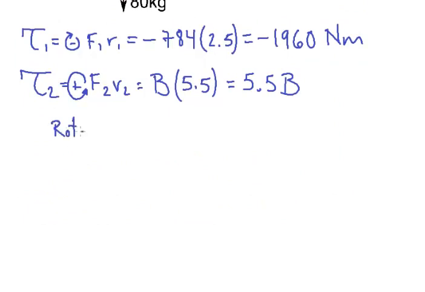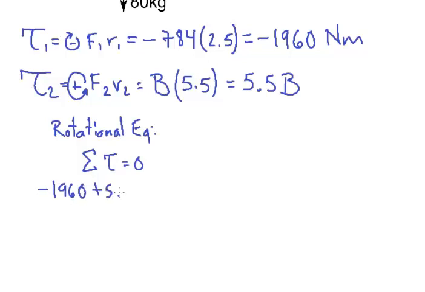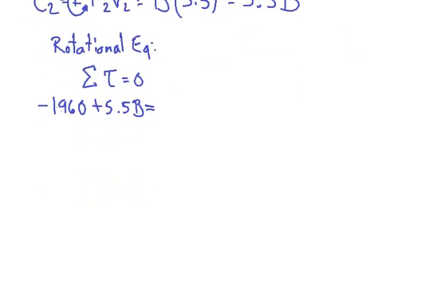Rotational equilibrium. This means the sum of the torques must be 0, both torques being negative 1960 plus 5.5 B. With this, I can easily find an answer. 5.5 B being equal to 1960.